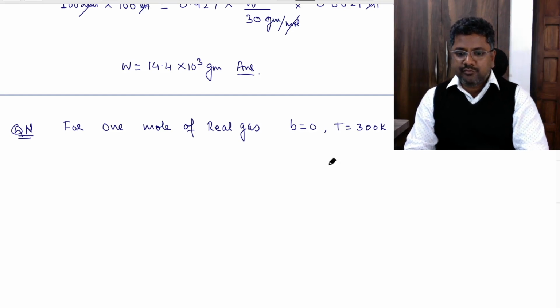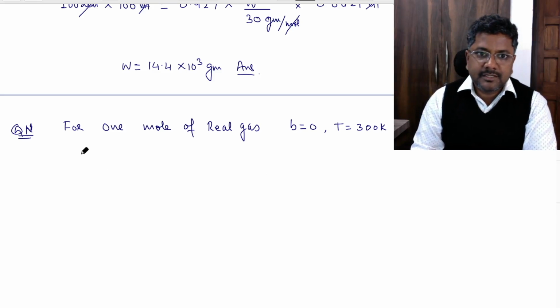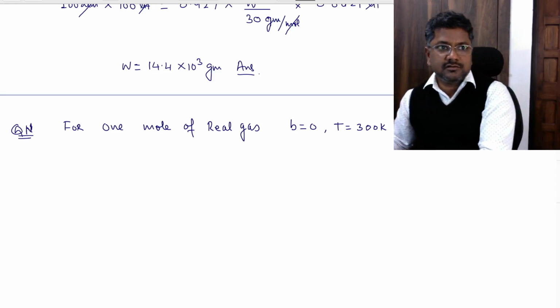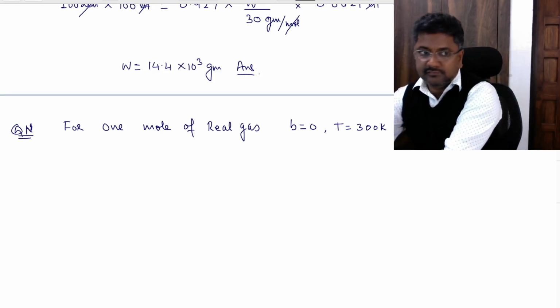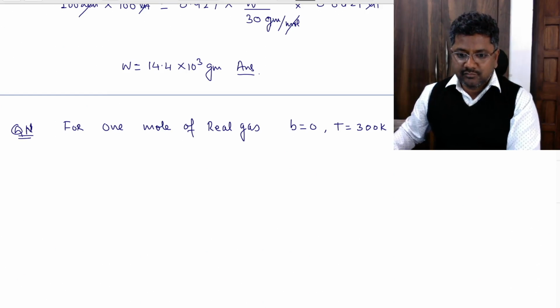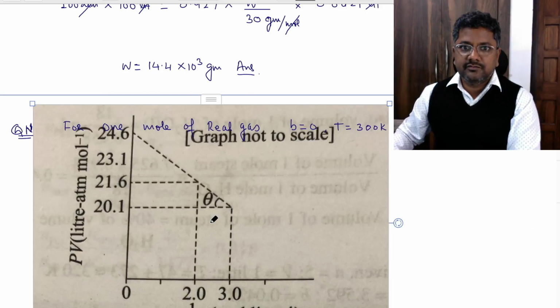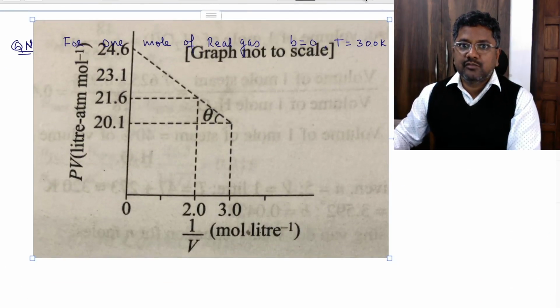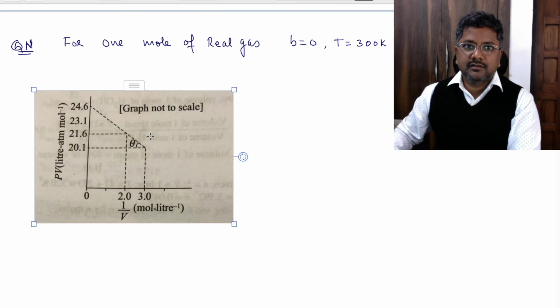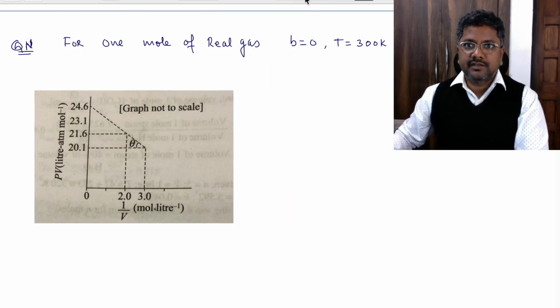PV versus P, I should show you the plot because writing it will take so much time. The P versus 1 by V plot is given. See, this graph is given.